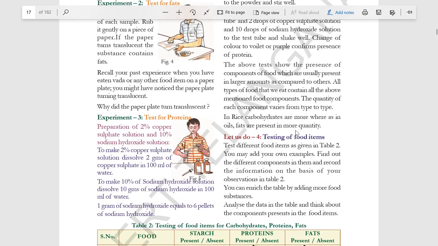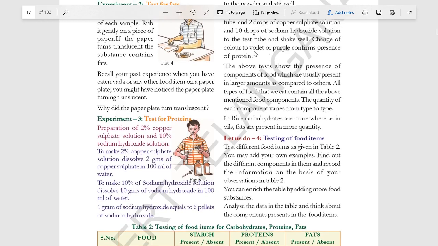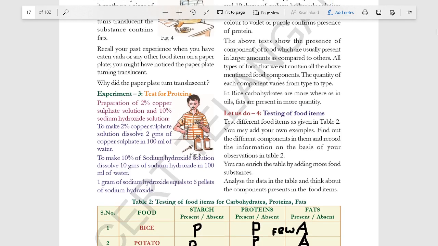Then we can see the change of color, violet or purple, which confirms the presence of proteins. So how are we confirming? By the change of color of the powdered cereals or pulses.